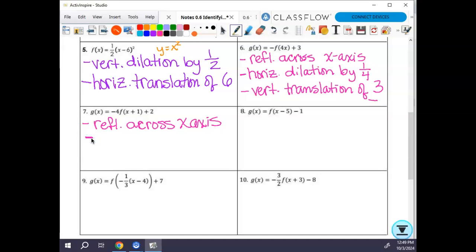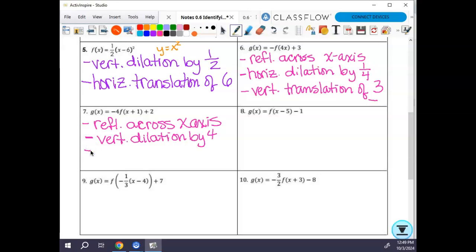Is that 4 going to be vertical or horizontal something? Vertical. Good. So this is a vertical dilation by what? 4. Good. Then X is liar, liar.